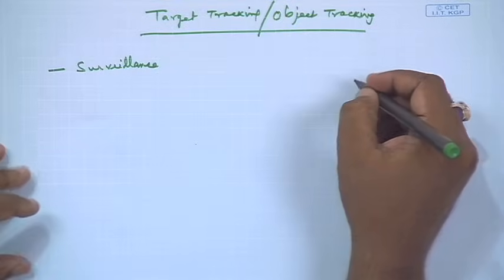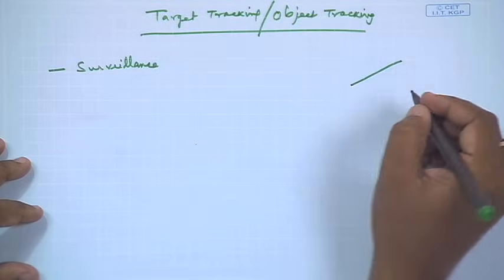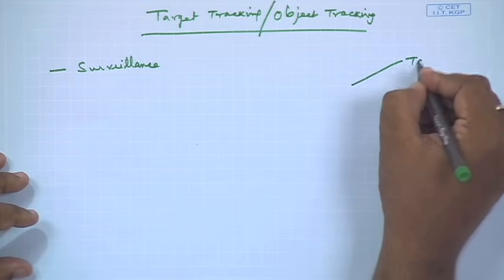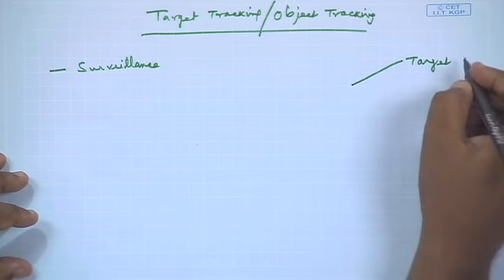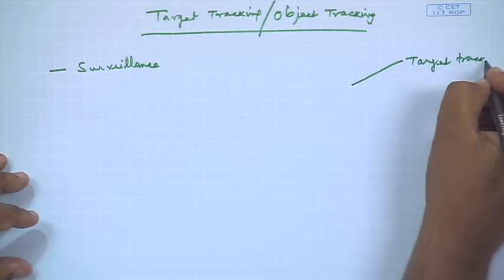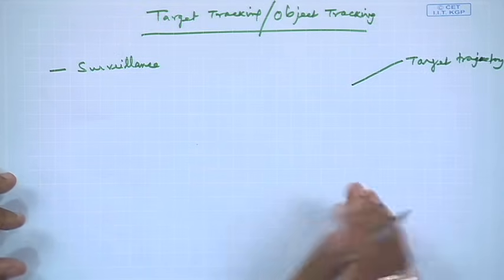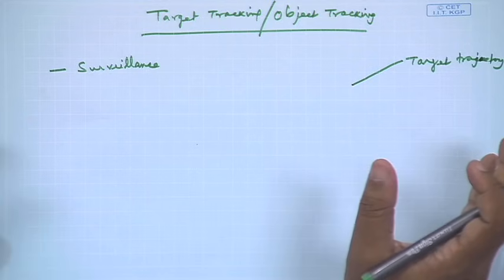This tracking can be of two forms. One is that as and when the target moves, we keep on following the target using these different sensors.